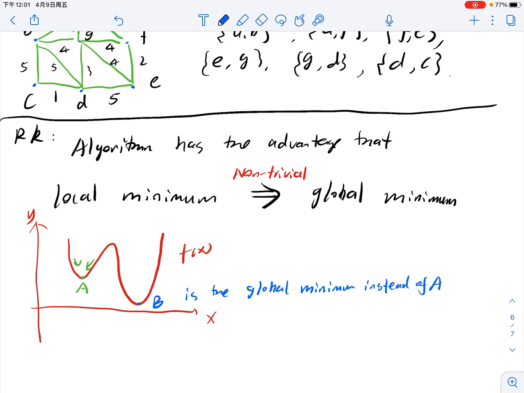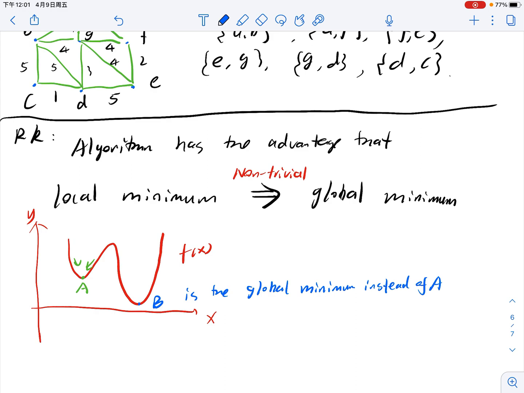Okay, so there might be some cases where each step in the algorithm makes your result closer and closer to A, but the final result is a long distance away. So the global minimum is far away from it.